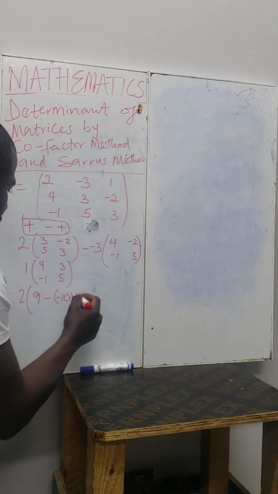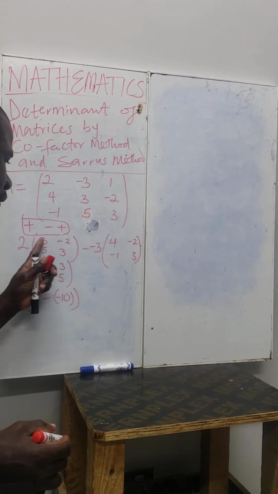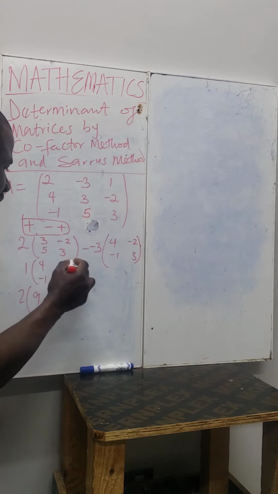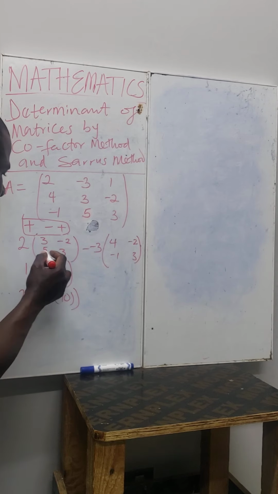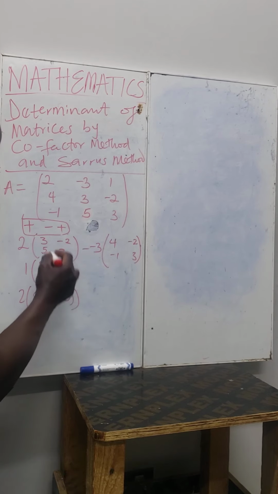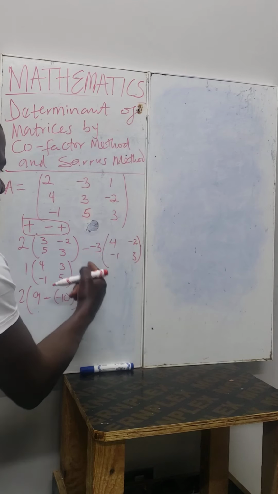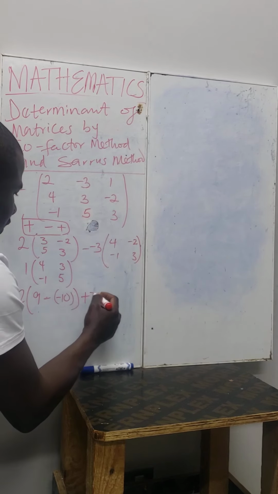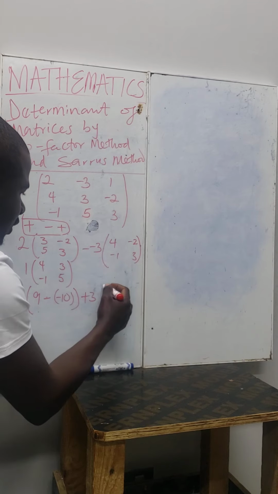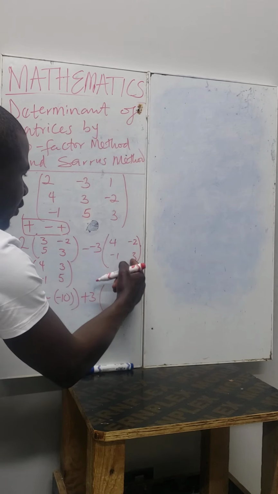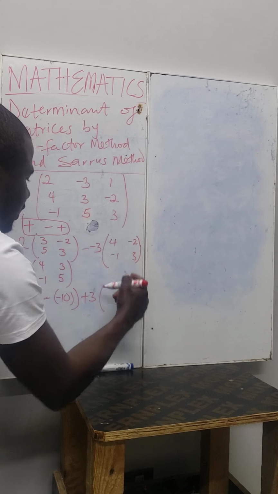Don't forget, the product of the elements along the major diagonal minus the product of the elements along the minor diagonal. This is the major diagonal, this is the minor diagonal. Minus 3 gives us plus 3. Are you getting it? Then this one, 4 times 3 is 12.